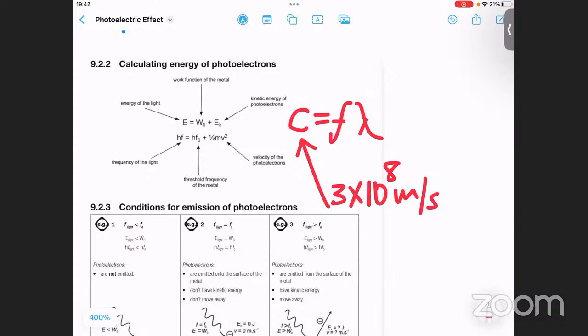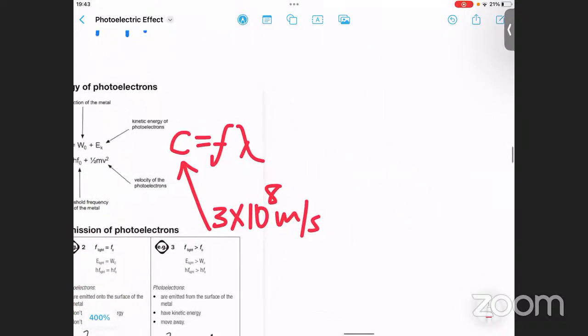So in other words, honorable members, light moves very fast, very, very fast. If you punch it on a calculator, it means it is 3, 1, 2, 3, 4, 5, 6, 7, 8.